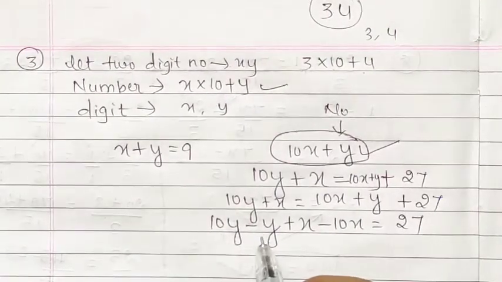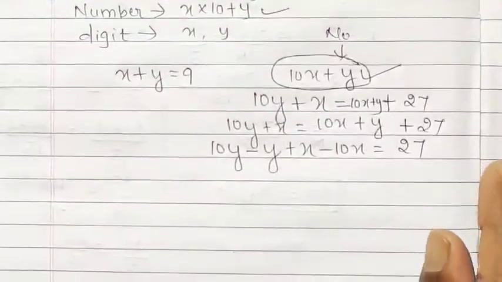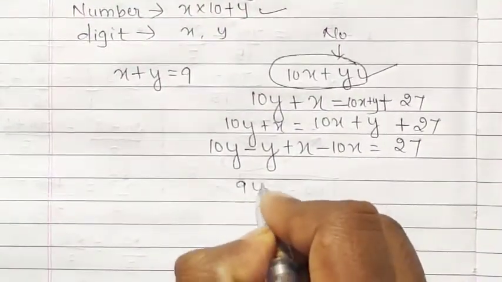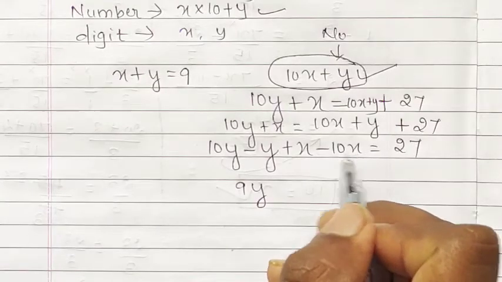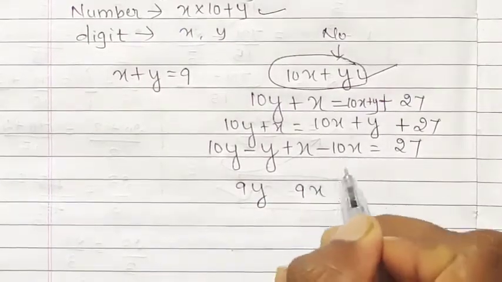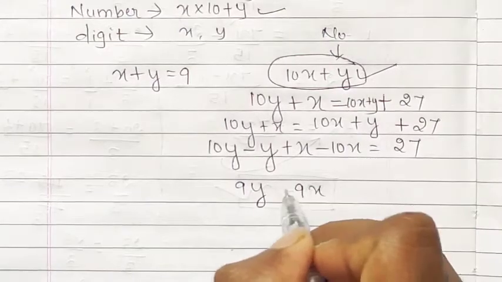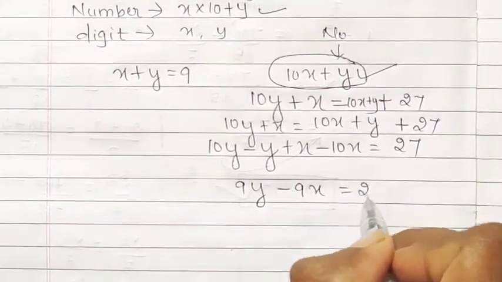10y minus 1y, your answer is now 9y. Plus 1x minus 10x, your answer is minus 9x. So 9y minus 9x is equal to 27.